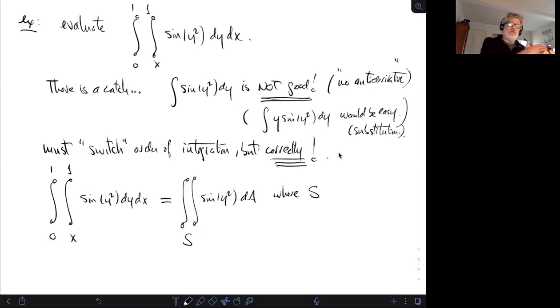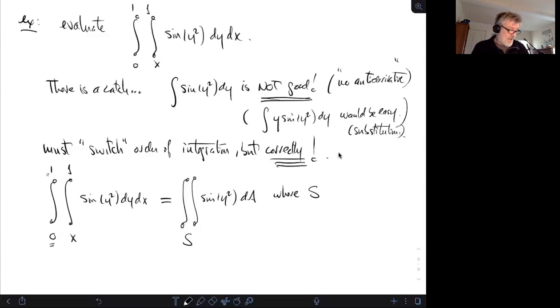Okay, so you see what I mean? I'm using the thing backwards. In the previous examples, we had a region S as type 1 or type 2, and we expressed the integral as an iterated integral using this. So now I'm going the other way around, okay? So what is S? If you look, here we're going from 0 to 1 outside.